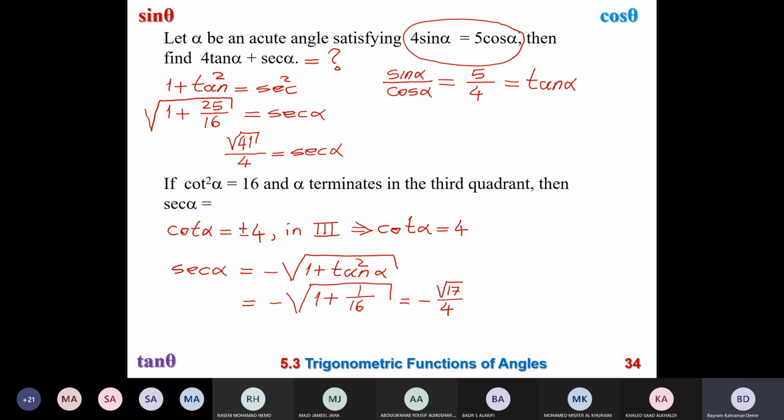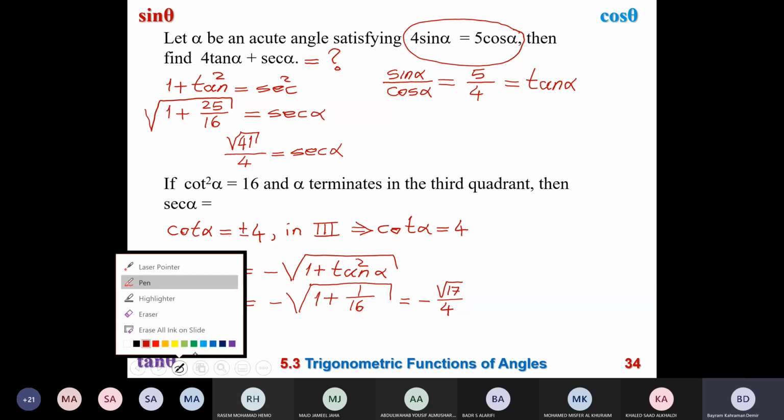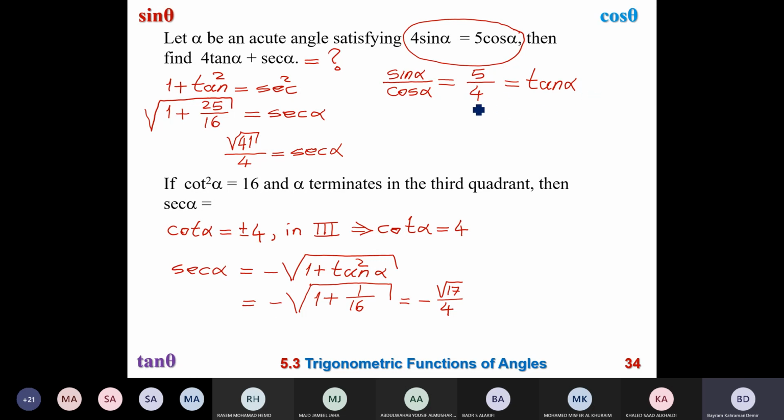So now, Shabab, sometimes using a triangle gives you a quicker solution, if you use the right triangle. For example, in the first question, let's go back. We know the tangent alpha is 5/4. Imagine I draw a right triangle and this is alpha.